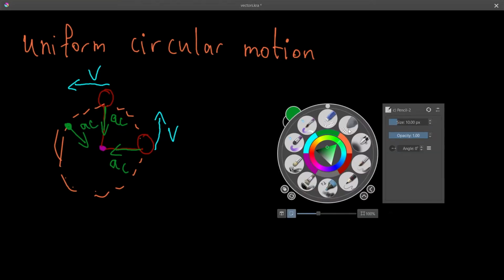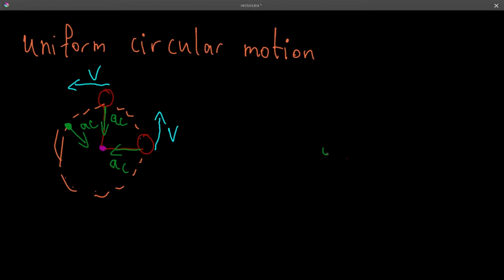And then again, you might say, since I have an acceleration, I need to have a force. And yes, you do have a force, and this force has the same direction as the acceleration, because the direction of a force depends on the direction of acceleration.